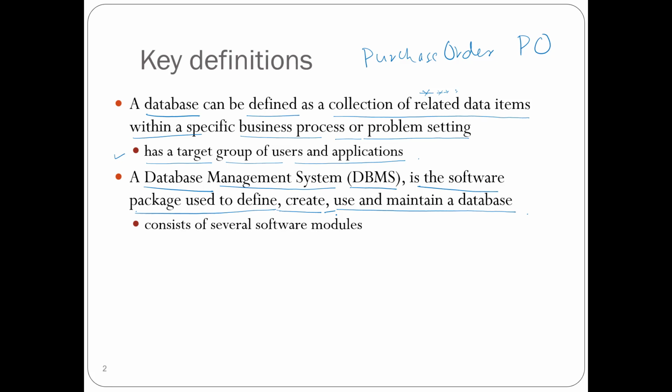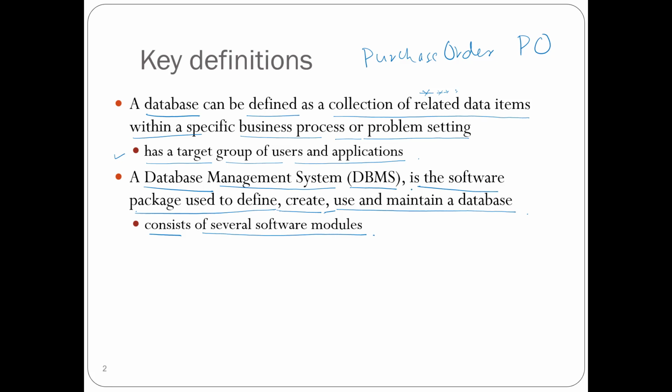So it's a complex software. It has a number of modules. The next bullet talks about that. It consists of several software modules. For what these modules are and what their role is, you don't have to wait much. The next chapter will talk about it. We'll discuss in detail the different components or modules of a DBMS and their role.